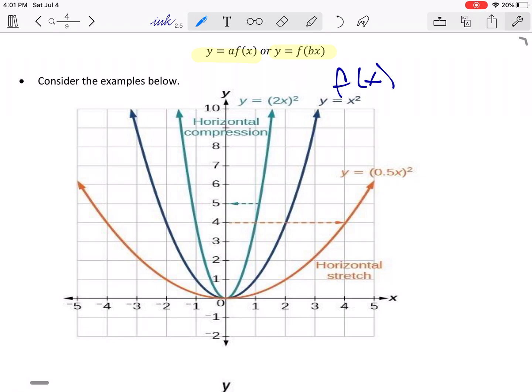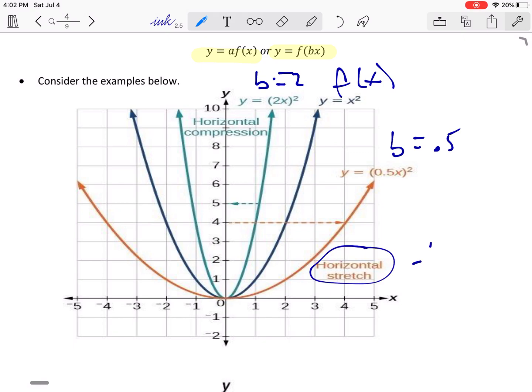What's happening here is in both of these instances, here you've got b equals 2, and here you've got b equal to 0.5. What you'd notice is that the one where b equals 0.5 is going to be a horizontal stretch or a horizontal expansion.